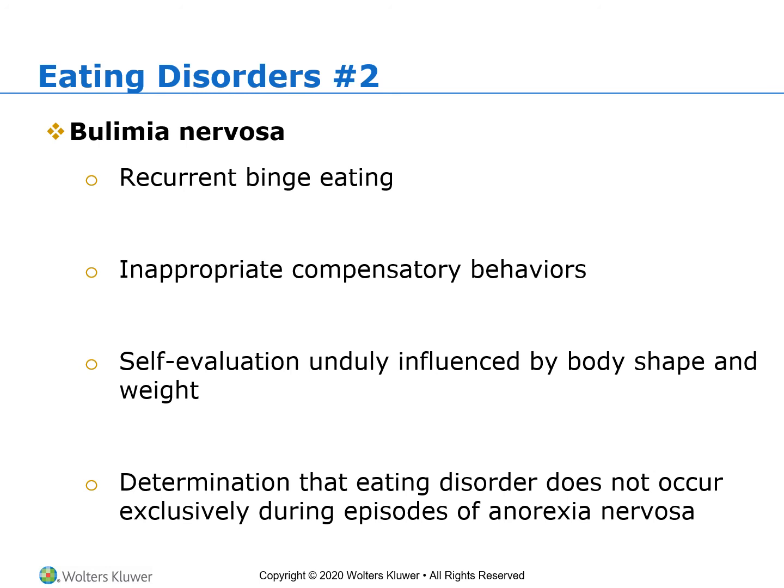Also, there's an association with substance abuse and risky or self-destructive behaviors. The difference between anorexia nervosa and bulimia nervosa is that in anorexia nervosa, the person tends to be characterized by a weight that is less than the 85th percentile of the normal weight, whereas the people with bulimia nervosa are usually normal weight.